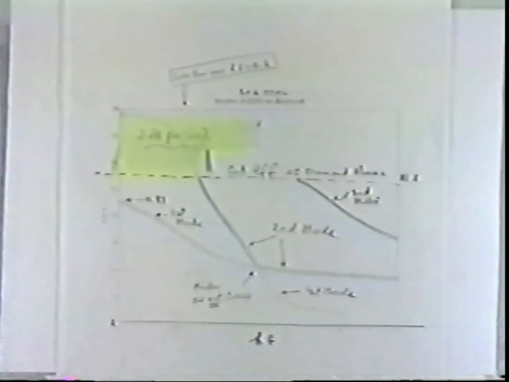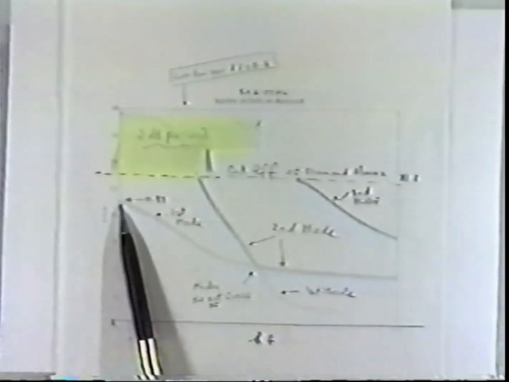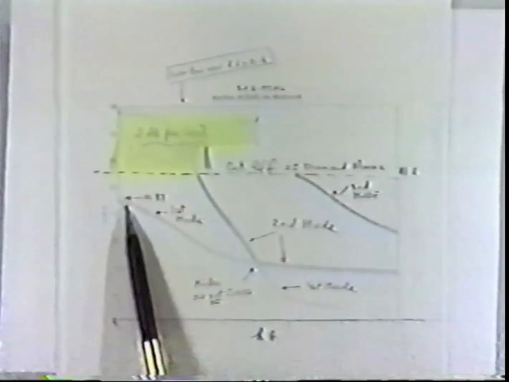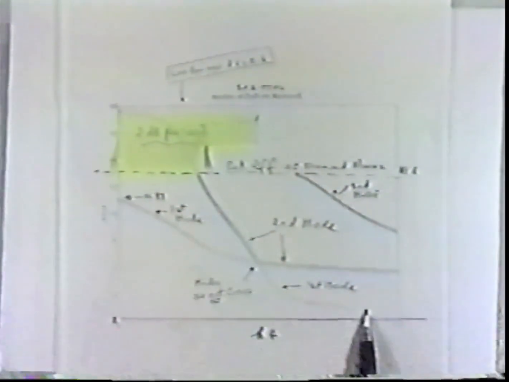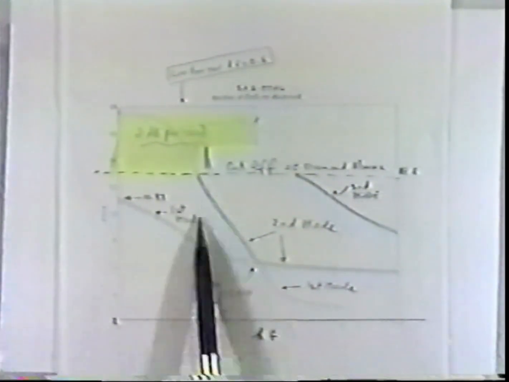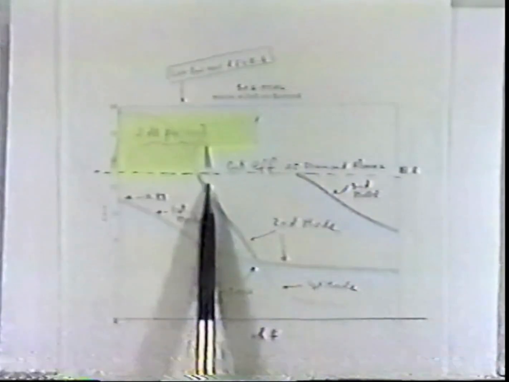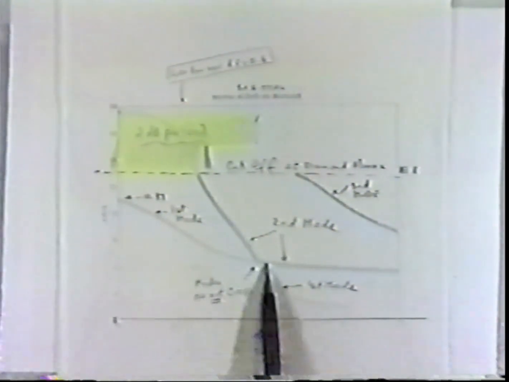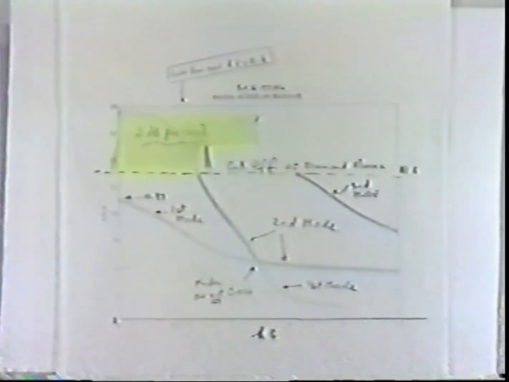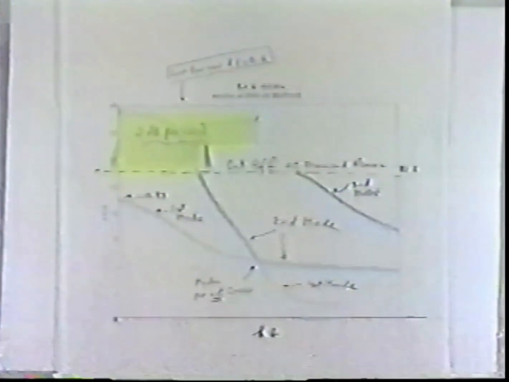And here, the first mode starts at the Rayleigh velocity for the diamond, which is 10.97, and it goes all the way down to about 3 kilometers per second. The second mode starts at a cutoff frequency and falls down fairly rapidly, as shown over here, and goes down to a little bit less than 6 kilometers per second.